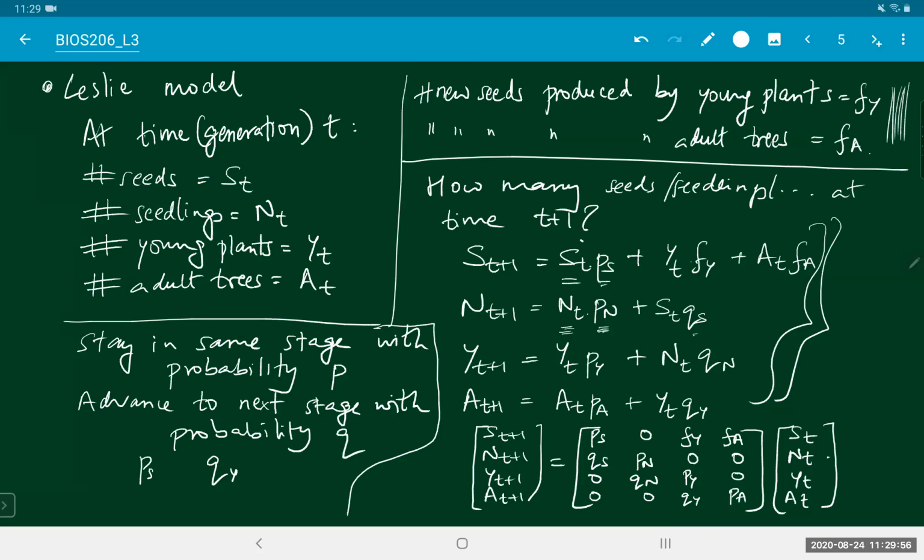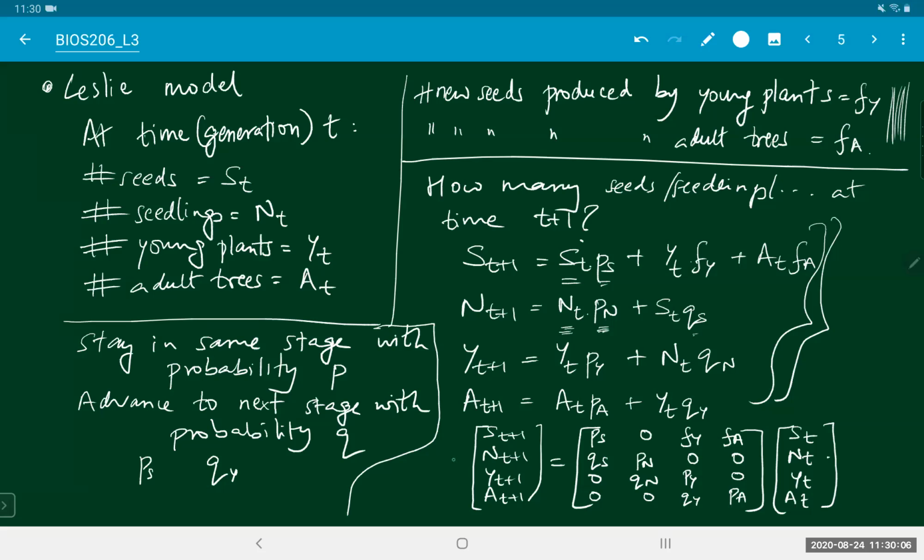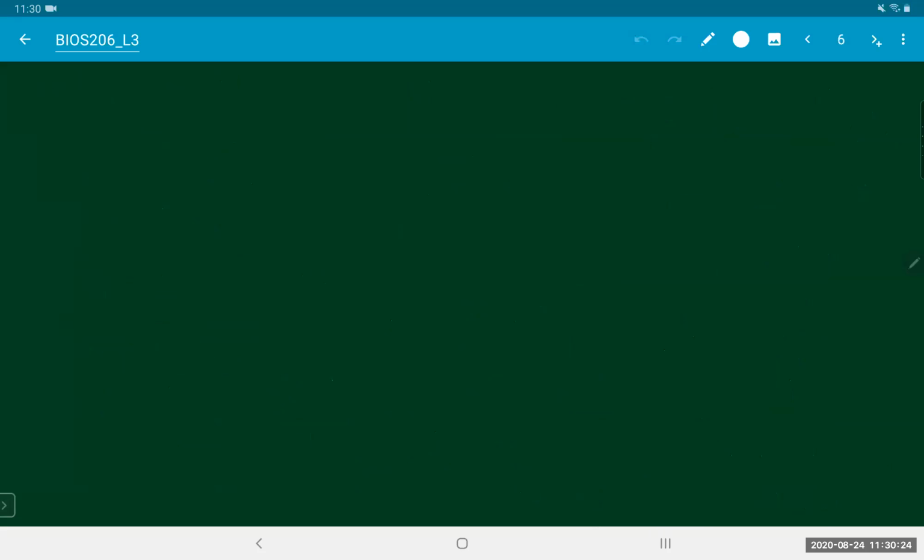Okay, so this matrix equation, let's give it some name. Let's call this column matrix x t plus 1. Let's call this column matrix xt, and let's call this big matrix M. So what I'm saying is that x t plus 1 is M times xt.